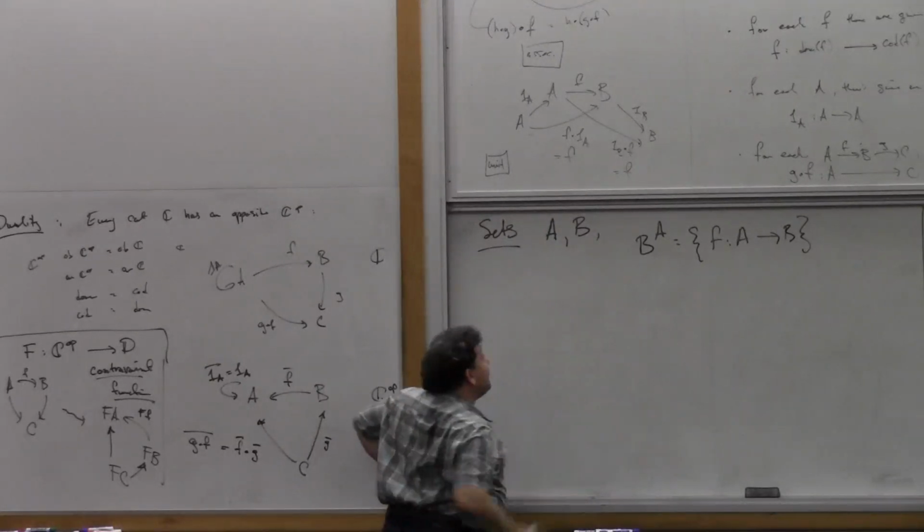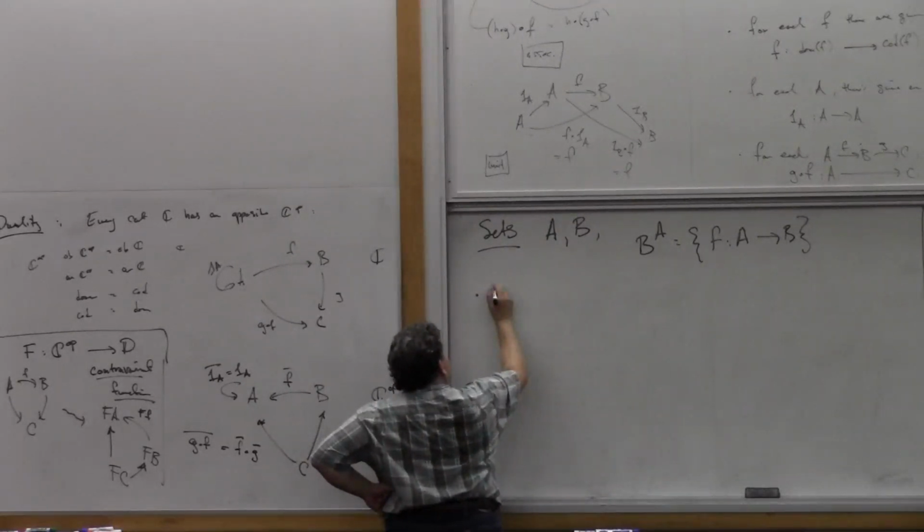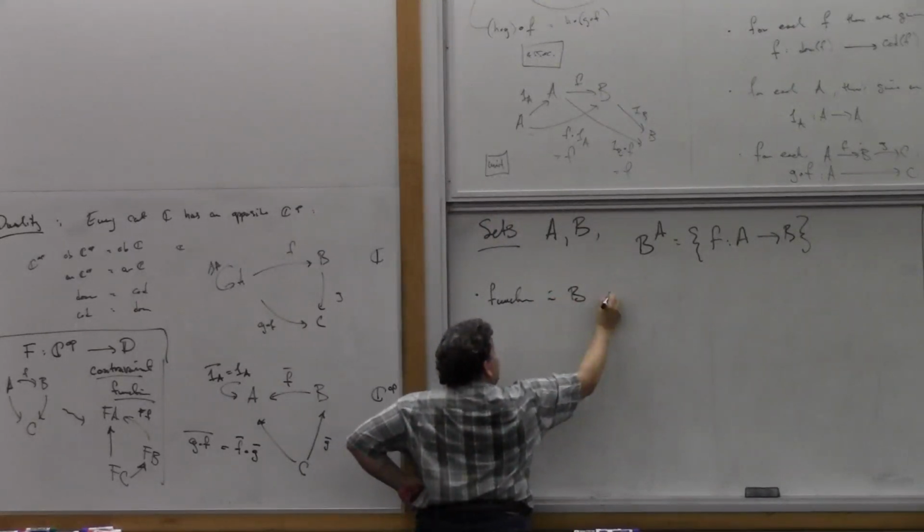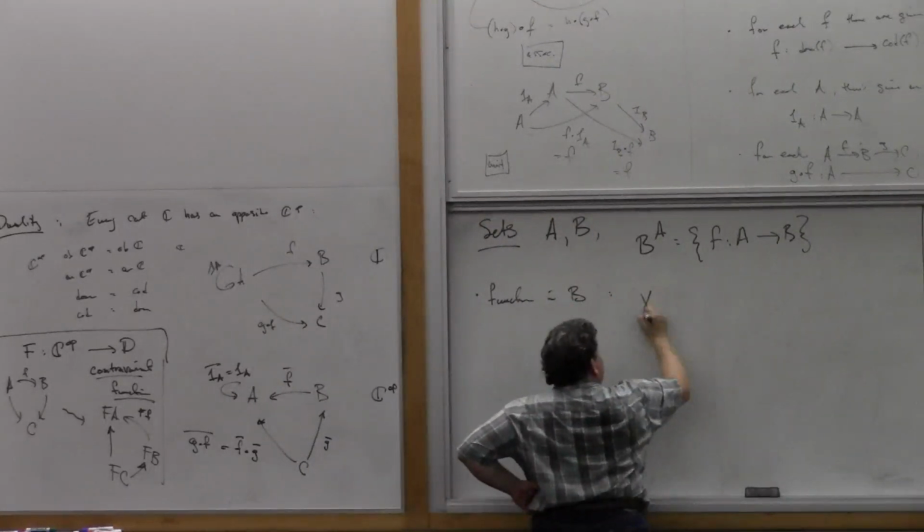And now let's observe that this is a functor in the argument B. That is, for fixed A, I get a functor like this.